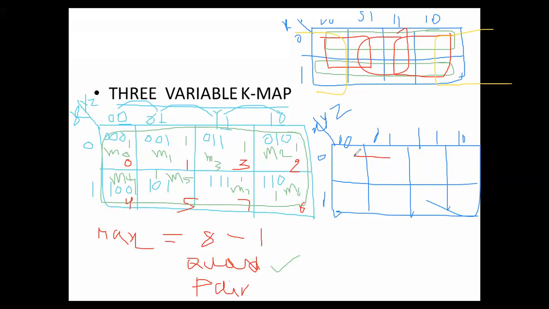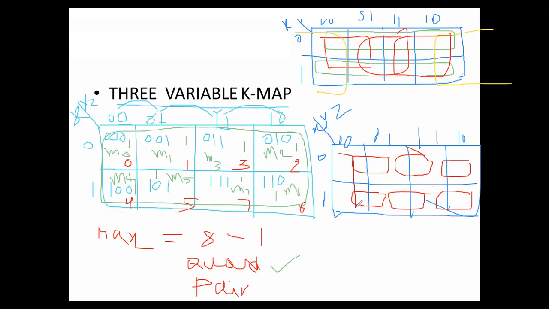So pairs means these two ones, these two ones, like this, and here also two ones.